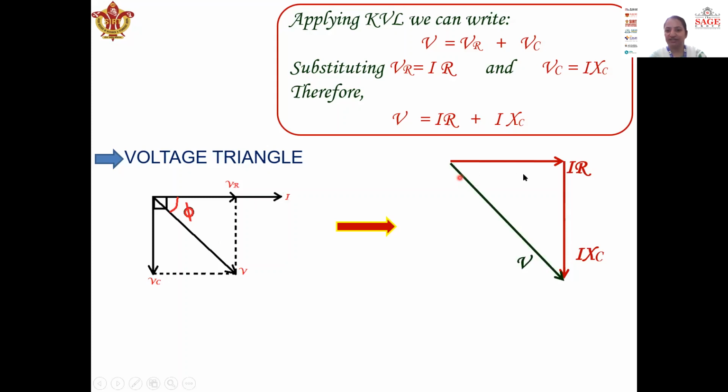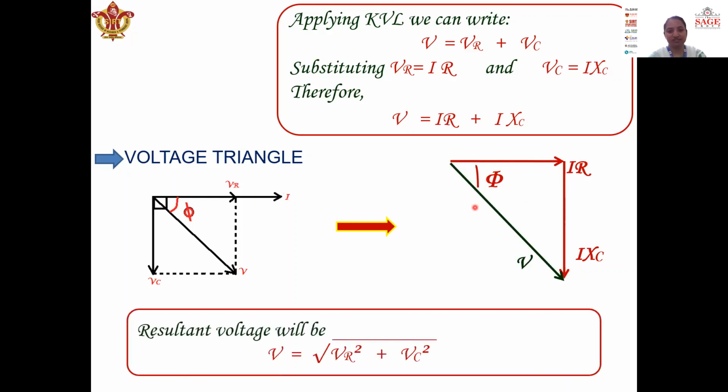So this is the voltage triangle, where on the x-axis we have VR and on the y-axis we have VC, and the resultant is the voltage V, which is obtained from the vector sum of VR and VC, and this is the phase angle between VR and V. So this is the voltage diagram, and the magnitude of the resultant voltage will be the square root of VR square plus VC square. For the further calculation, we will move to the next slide.